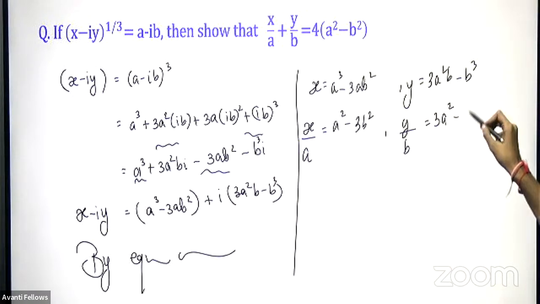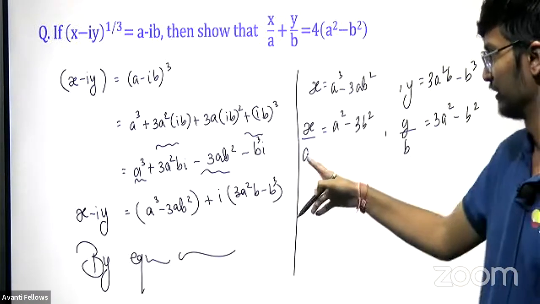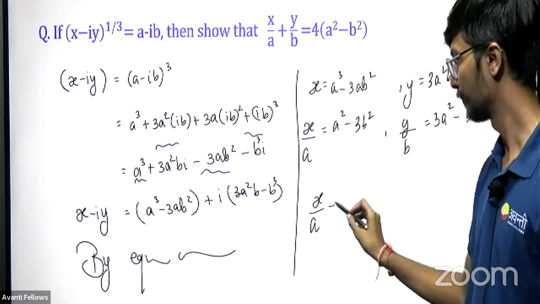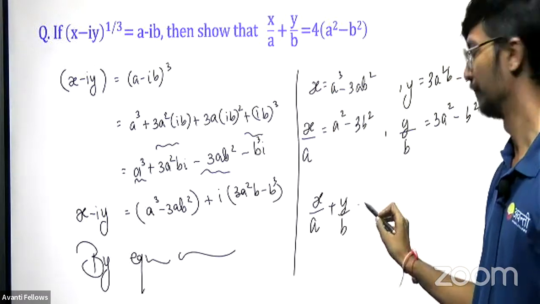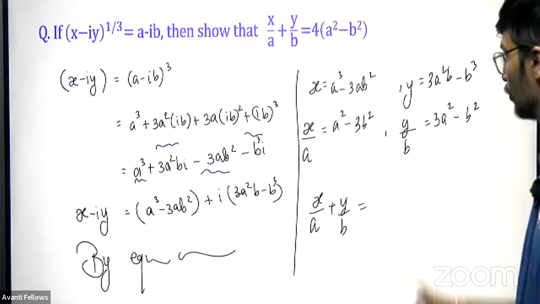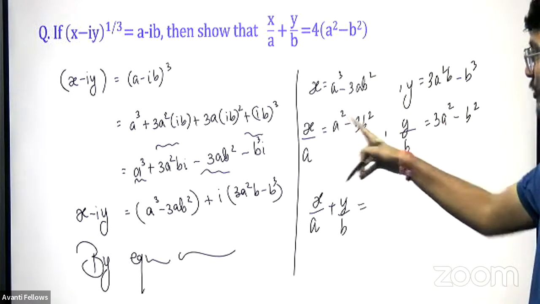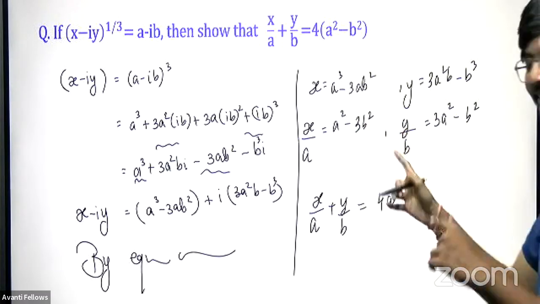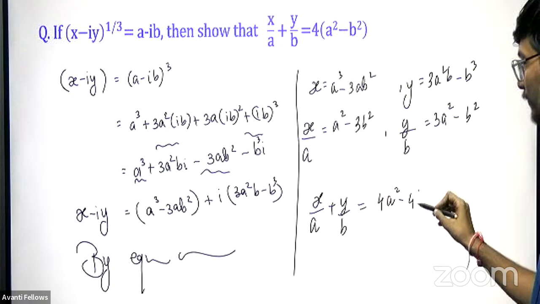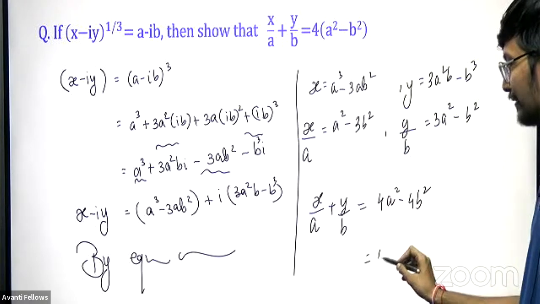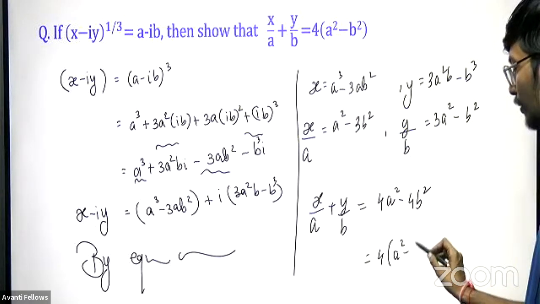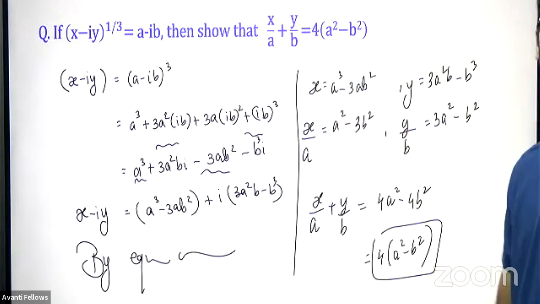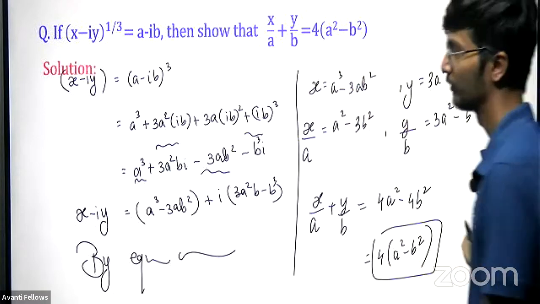Minus b cube, so minus b square. Now we just have to add. So if we add x upon a plus y upon b will be equal to, add these, a square plus 3a square, 4a square, minus 3b square minus b square, minus 4b square. So let us take 4 common. I'll get a square minus b square. Hence proved. Got it? Let's move on to the next question.